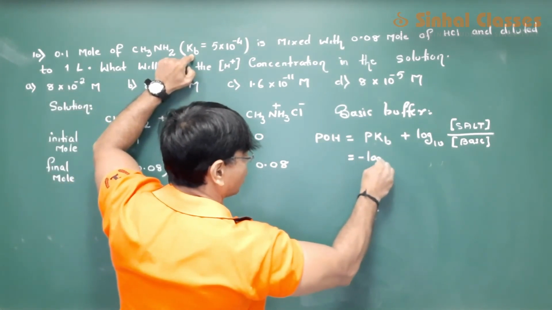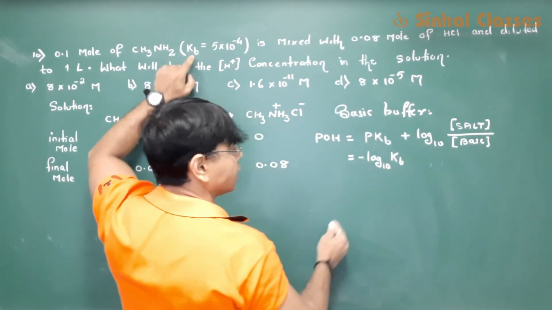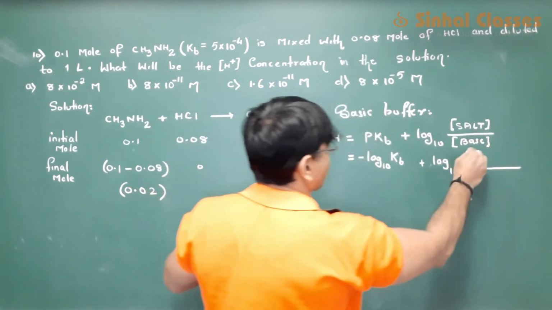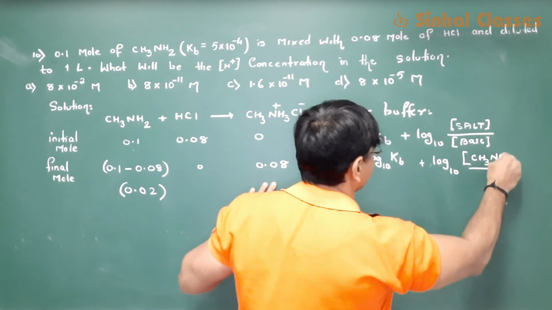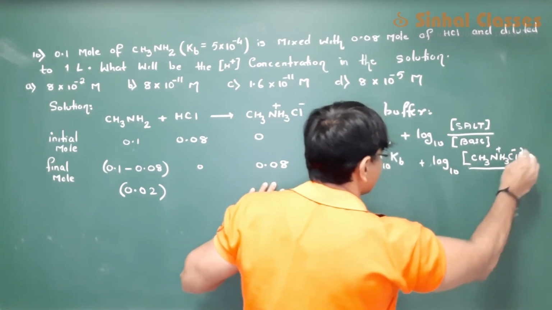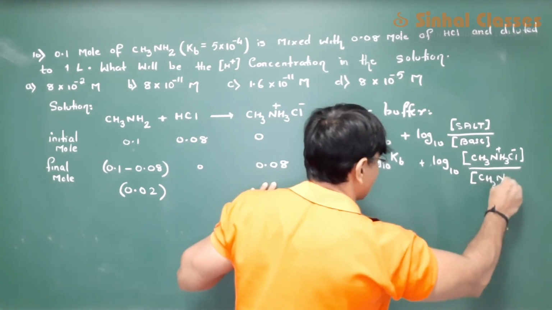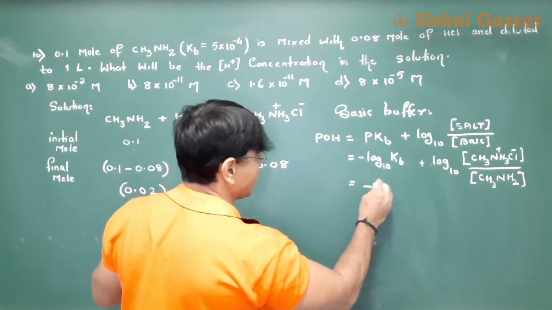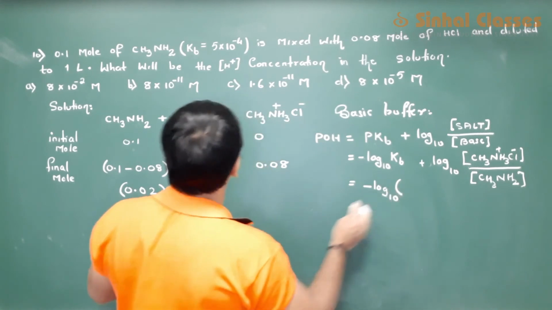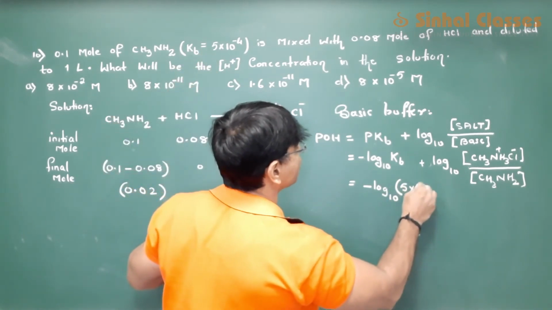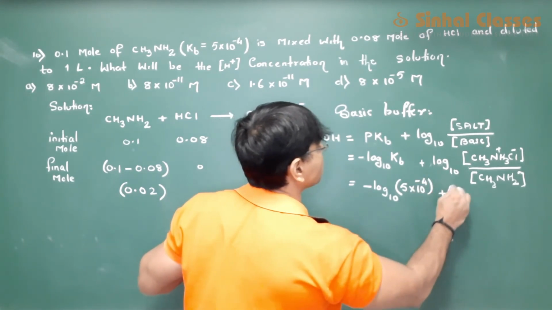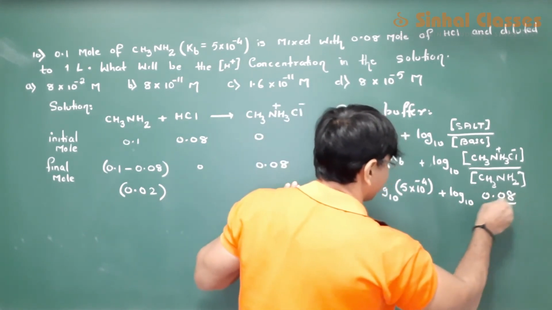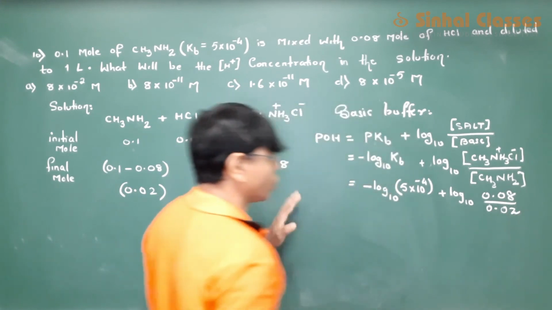So negative log to the base 10 of 5 into 10 raised to minus 4, plus log of 0.08 divided by 0.02, the salt CH3NH3 plus Cl minus upon the base methylamine.